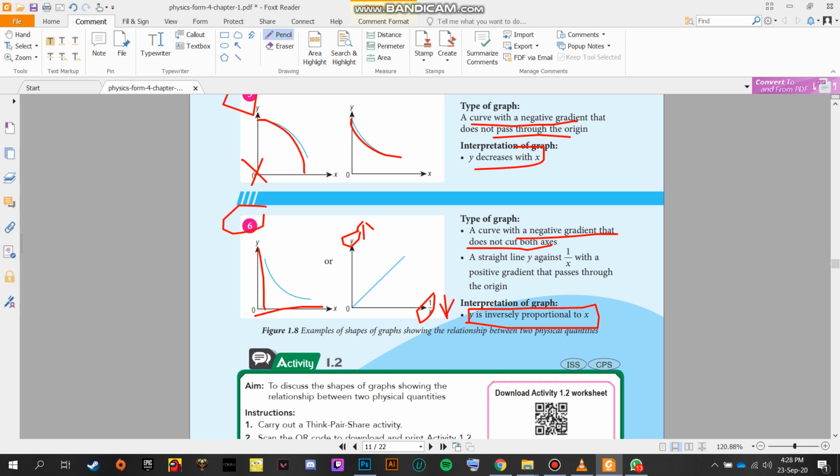But the graph interpretation would be increasing because the unit of the graph is 1 over x. So when this one is increasing, this is actually decreasing as it goes further upwards. As it goes further upwards, it's actually decreasing in x, but it's increasing in the value of 1 over x.